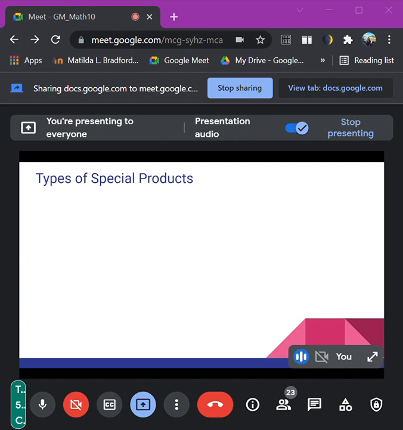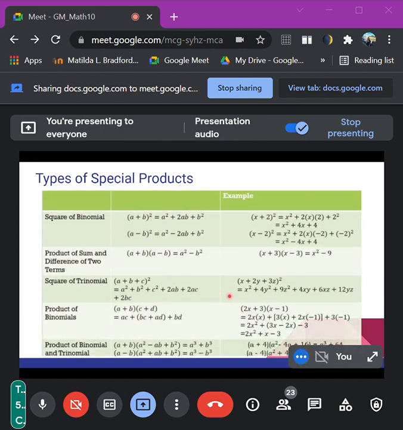Okay? So we have here our types of special products. So dili lang kay nako siya i-explain further because this is your lesson when you were in grade 8 man sad. So you have there our types of special products, if you can still remember: square of binomial, product of sum and difference of two terms, square of trinomial, product of binomials, and product of binomial and trinomial.